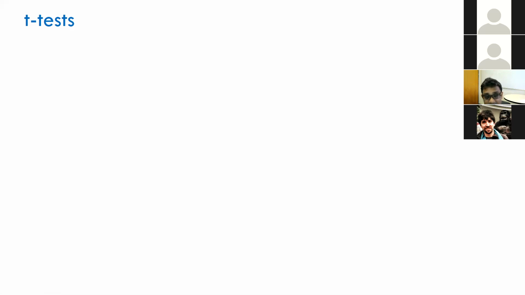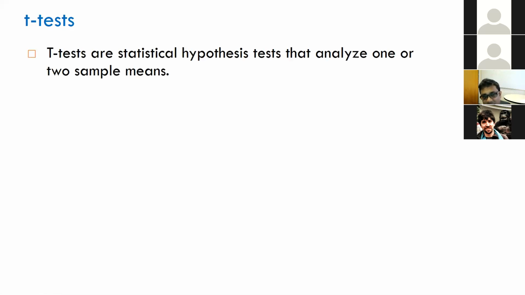One main stat test is called t-test. T-tests are hypothesis tests that you use to analyze based on one sample, or if you want to compare two samples.